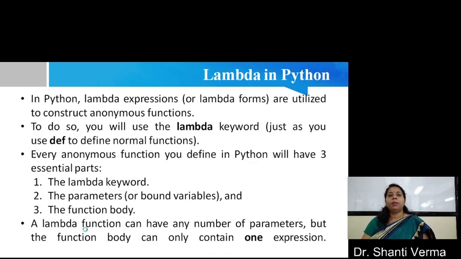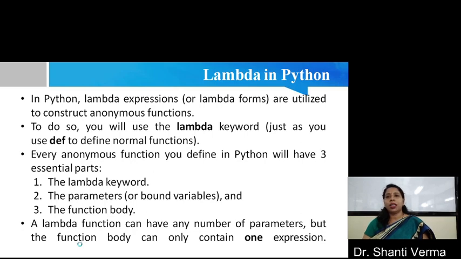Now, in Python, lambda expressions or lambda forms are utilized to construct anonymous functions. Generally, when we declare any function in Python, we use the def keyword. But for declaring an anonymous function, we have to use the lambda keyword. Every lambda function you define in Python has three essential parts.